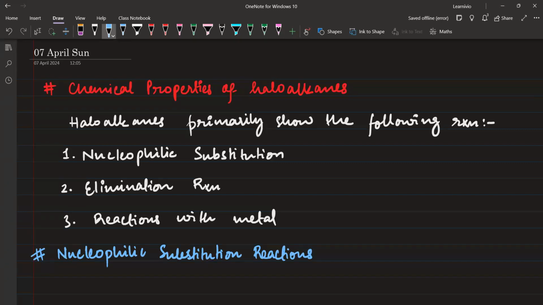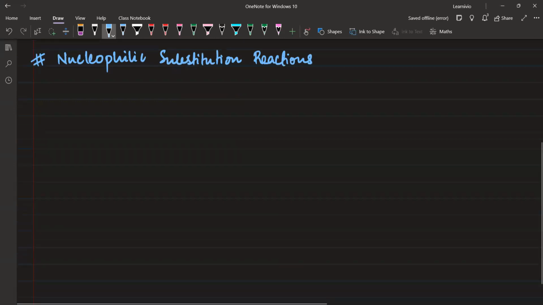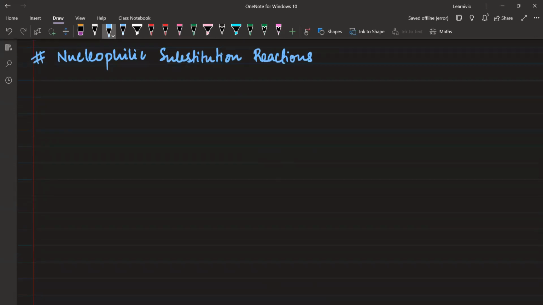Nucleophilic means the attacking reagent is going to be electron rich. That is why it is attacking the nucleus. Why the nucleus? What is the charge on the nucleus? Tell me, guys, Rishita and Harsha. Is it positively charged or negatively charged? The nucleus is positively charged because of the protons present in the nucleus, right? So that is why our nucleophile will be electron rich, so that it can attack the nucleus.